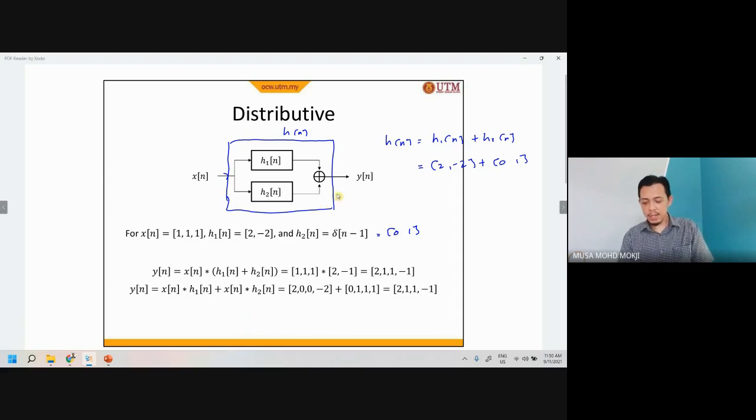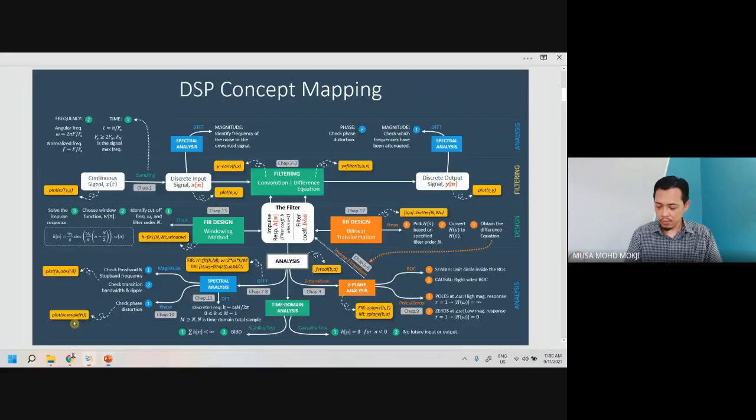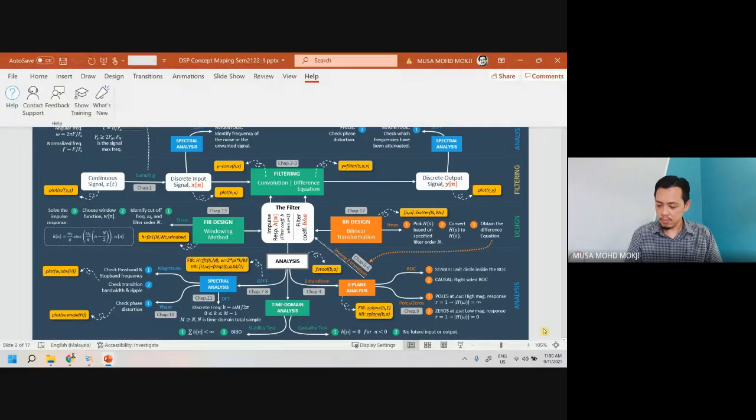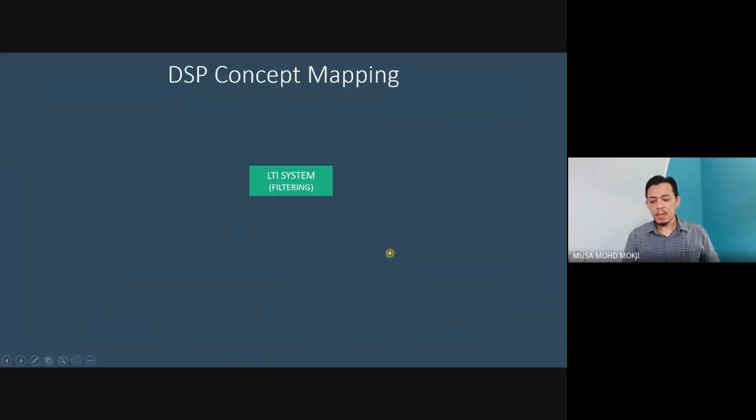So let's see what we have so far. What we are dealing with now is an LTI system.